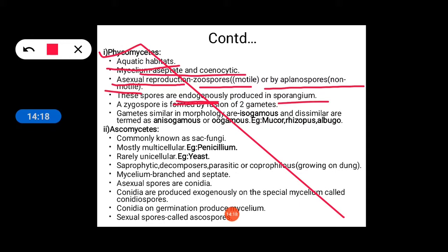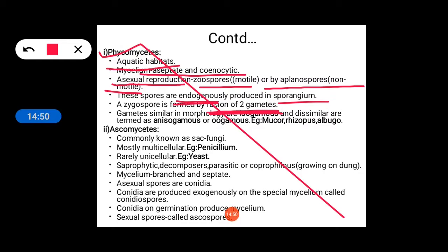A zygospore is formed by the fusion of two gametes. Gametes similar in morphology are termed isogamous, and dissimilar ones are termed anisogamous or oogamous.